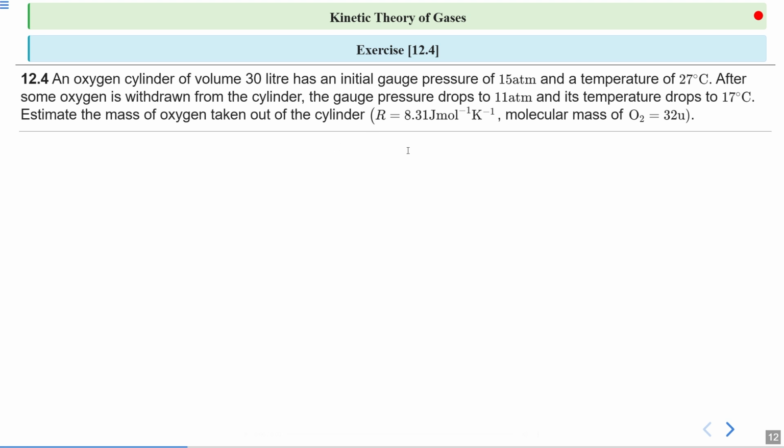Estimate the mass of oxygen taken out of the cylinder. R equal to 8.31 joule per mole per Kelvin, and molecular mass of oxygen gas is equal to 32 u. Here you have to find out the mass of oxygen taken out of the cylinder.